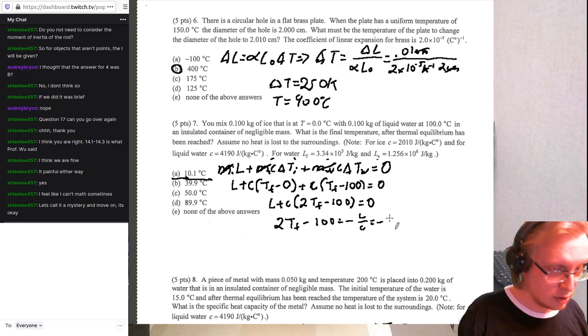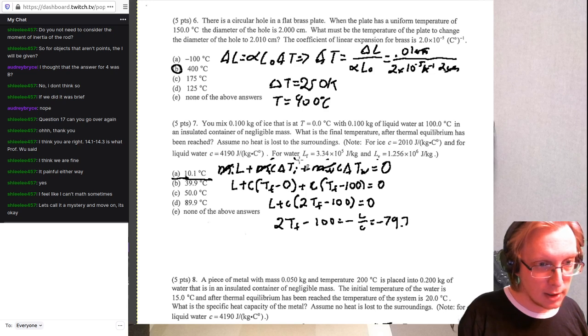Negative 79.7. L is joules per kilogram, C is joules per kilogram degrees Celsius. So this is degrees Celsius, supposedly.